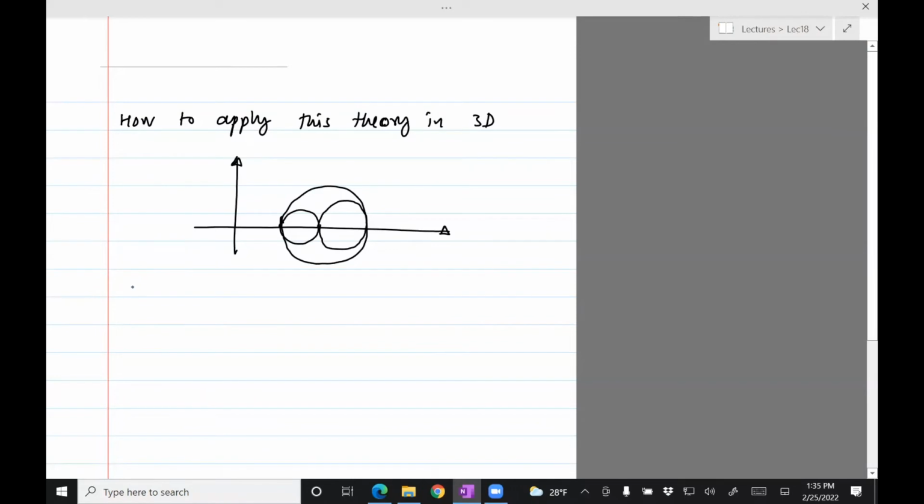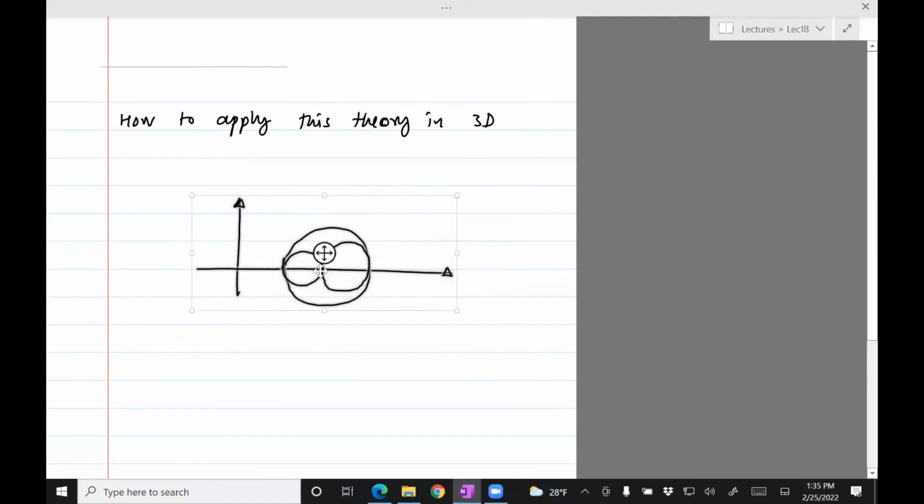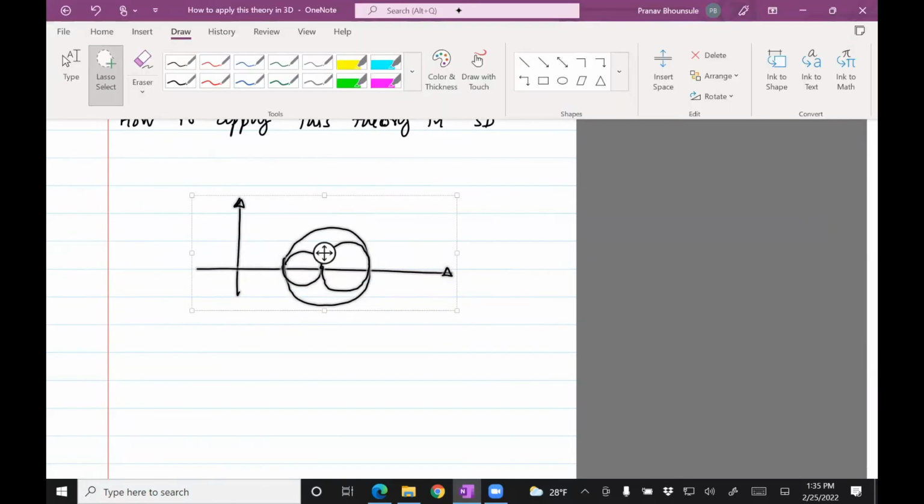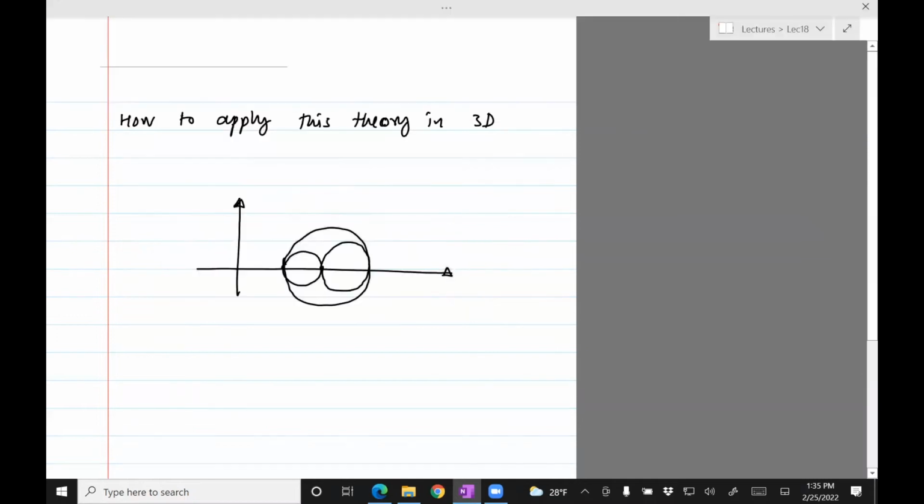So there are stresses. Let's move that down. So in 3D, we'll have 3 stresses.